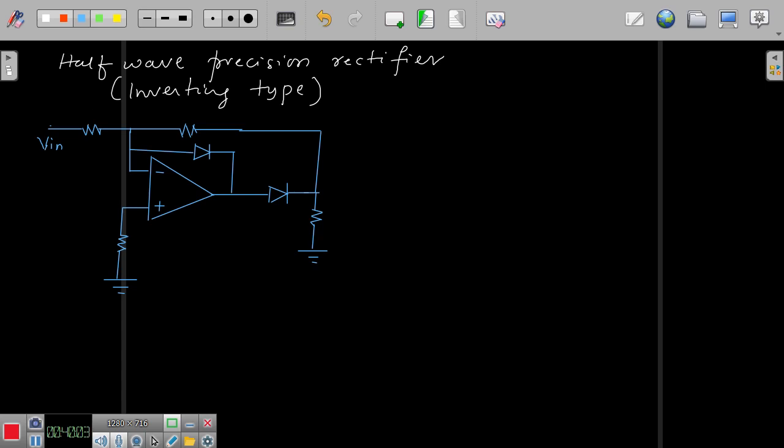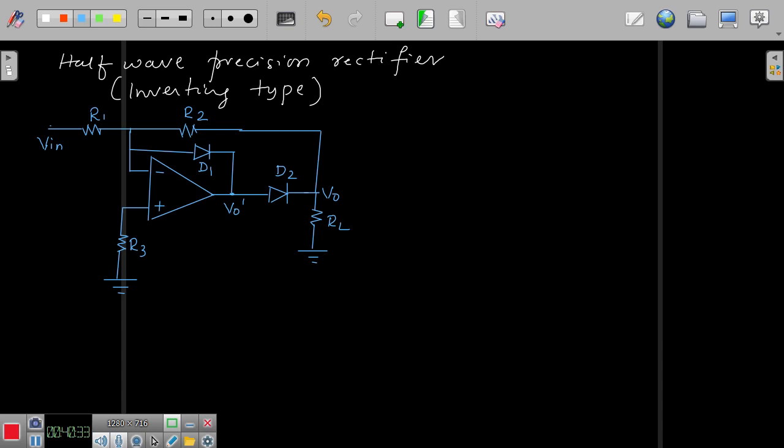Now you see here, this is R1, this is RF, let us say that this is R3. So this RF I will write as R2 because my further explanations also take it as R2. This is RL. So this is my V0 dash and this is my V0.